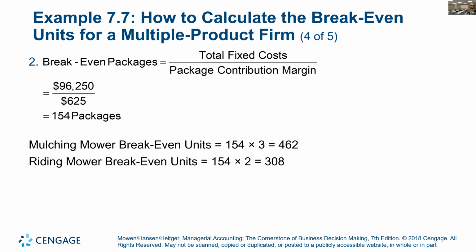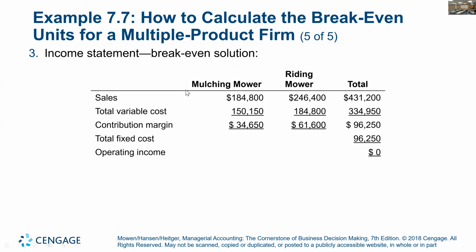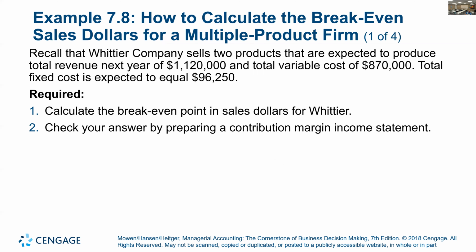Well, what is in each basket? There are 3 mulching mowers and 2 riding mowers. So to find the exact number of units of each product, we take the number of baskets sold and multiply it by how many of each are in there. That gets us our break-even point with multiple products. And here's some information working it out for you, proving that this is true.